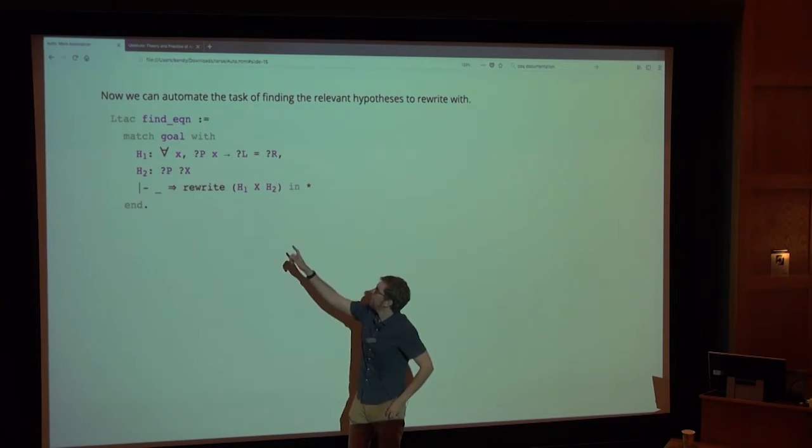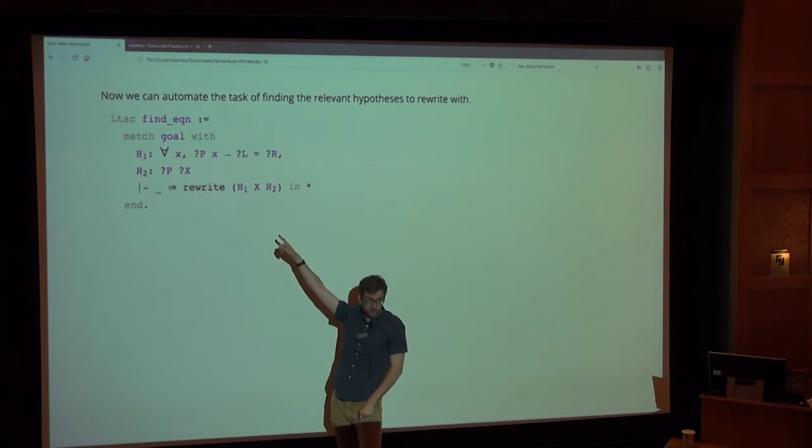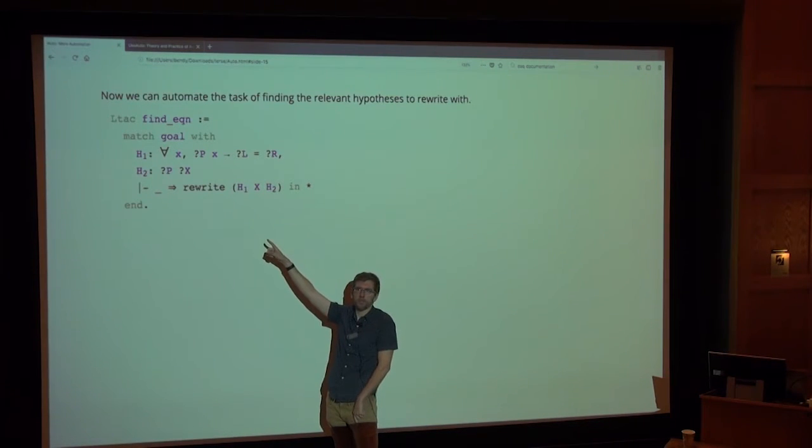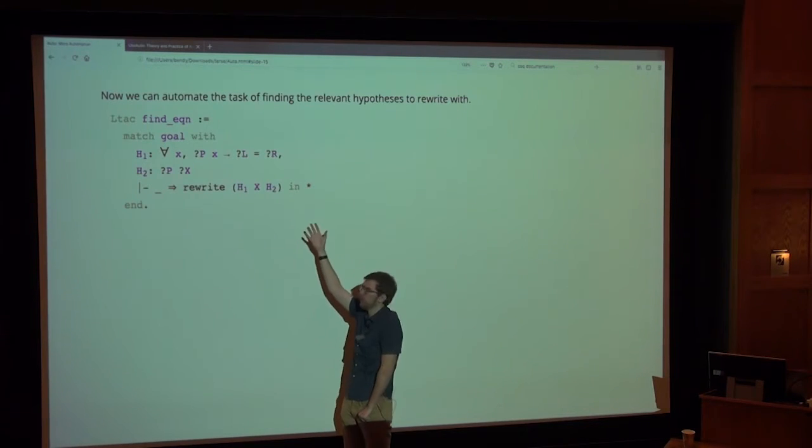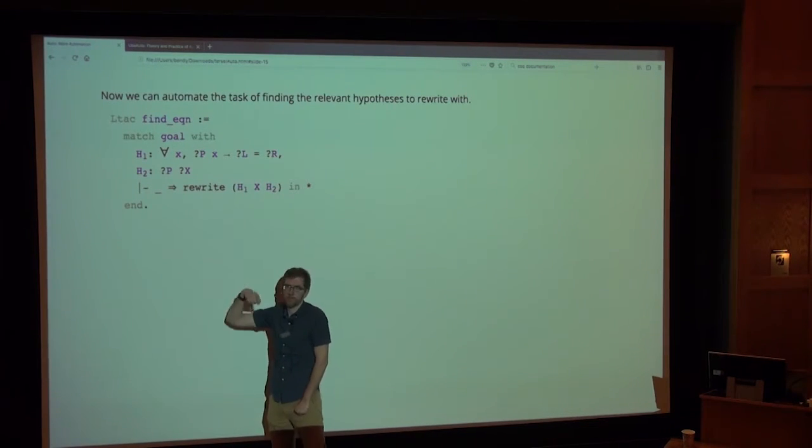So if you look at the first assumption here, H1 is what we're calling it, it has this universal quantifier, so it's quantifying over all possible x's that could have this, right? And H2 has this concrete one.